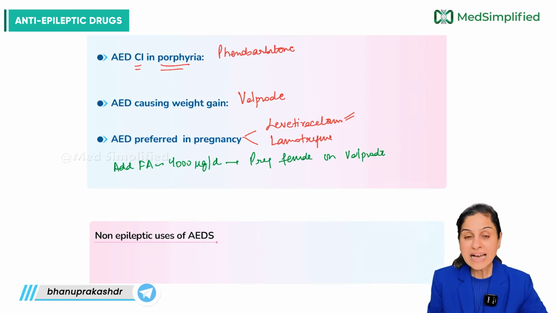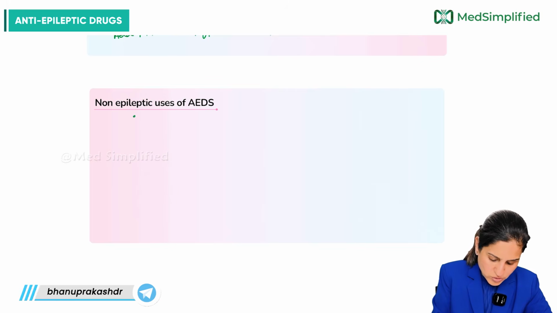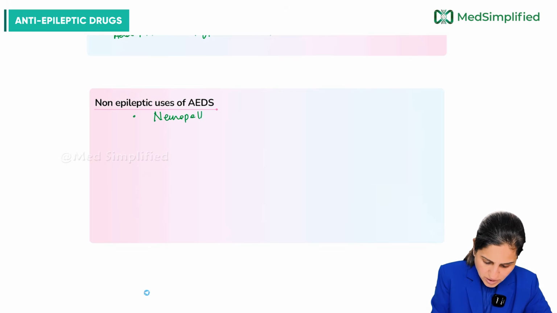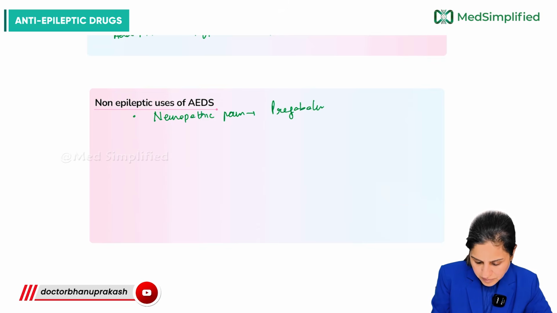Okay, so what are the other non-epileptic uses of anti-epileptic drugs? They are used in neuropathic pain like diabetic neuropathy, etc. For neuropathic pain we use pregabalin, right? We use gabapentin.